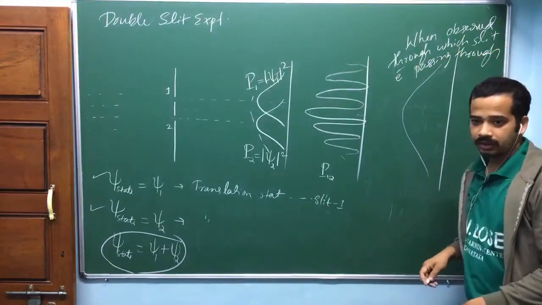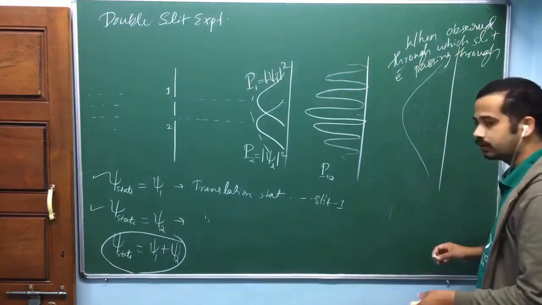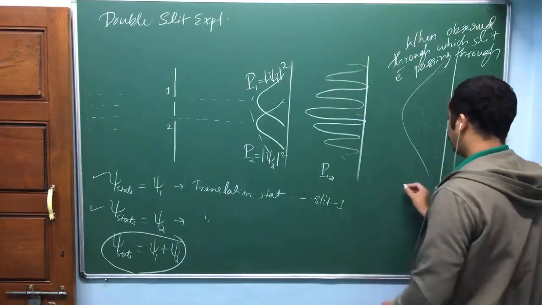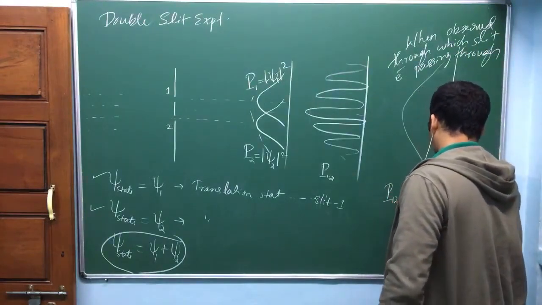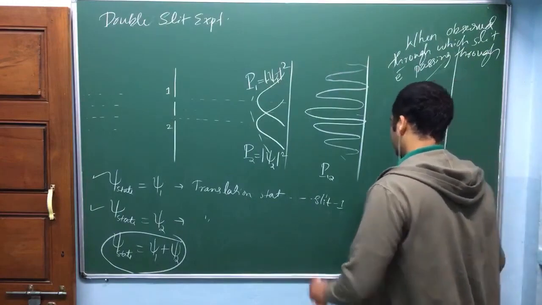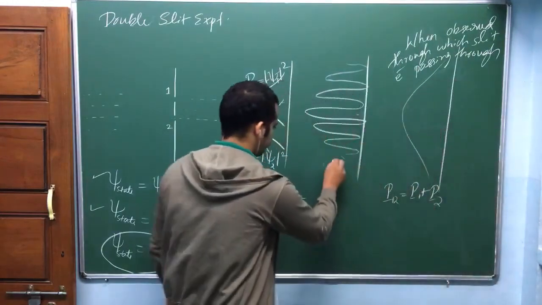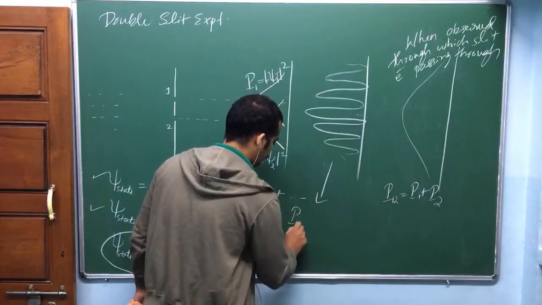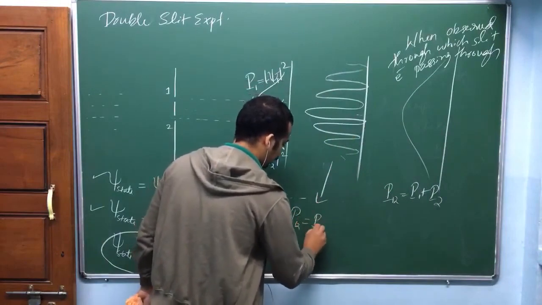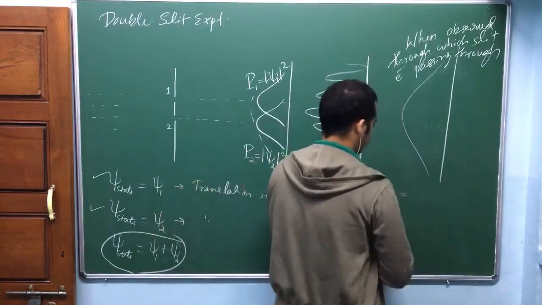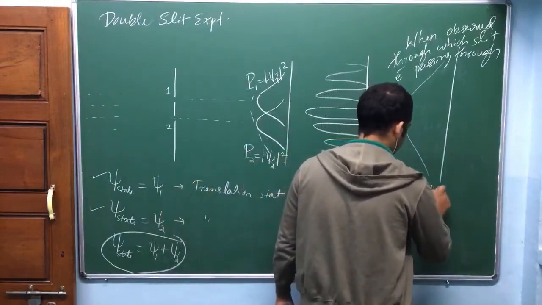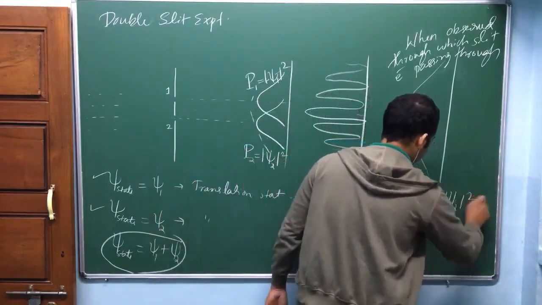So what is your answer? Either psi 1 or psi 2, isn't it? Either slit 1 or slit 2, so that your P12 is equal to P1 plus P2 here. In this case, your P12 is equal to P1 plus P2, or I better write it like this, mod psi 1 square plus mod psi 2 square, okay.